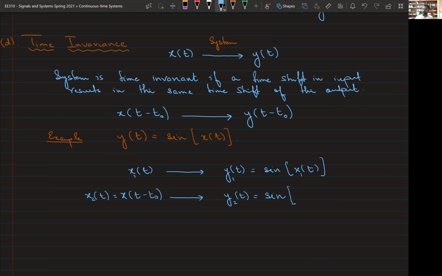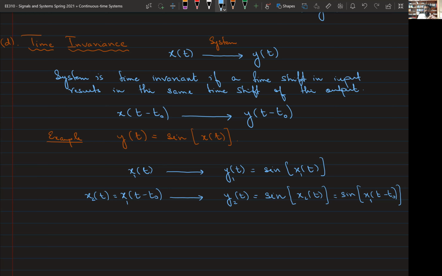But let's talk about this example first, right? And it's clear that y2 of t is just simply sine of whatever the input was, and the input here was x2 of t, which was the shifted x of t minus t naught. So this is x1 and this is x2.